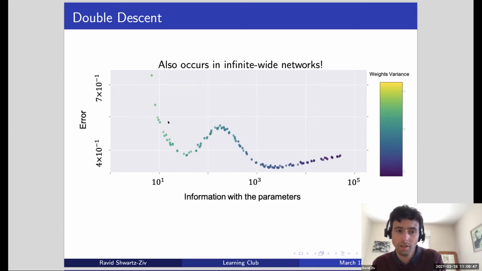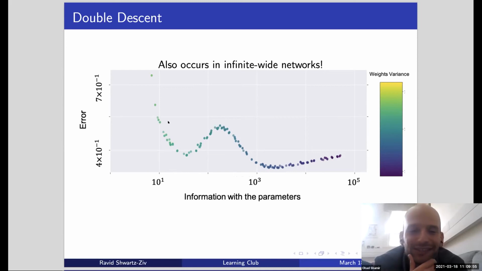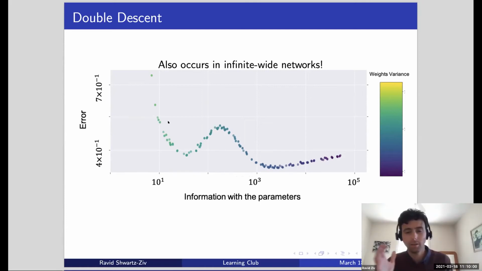And then you calculate the error based on these predictions. Okay. So Ohad, is it the kernel or a neural network? I think that's what he is asking. It's a neural network. It's an infinitely wide network.